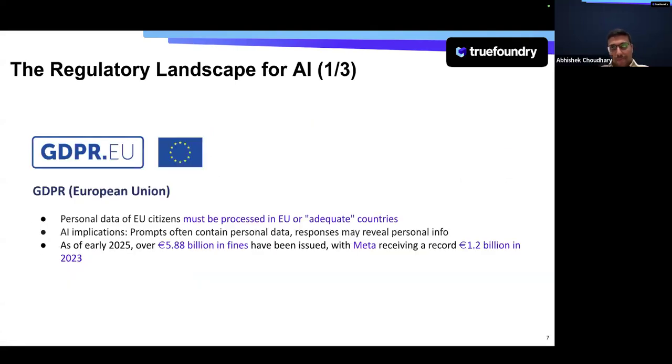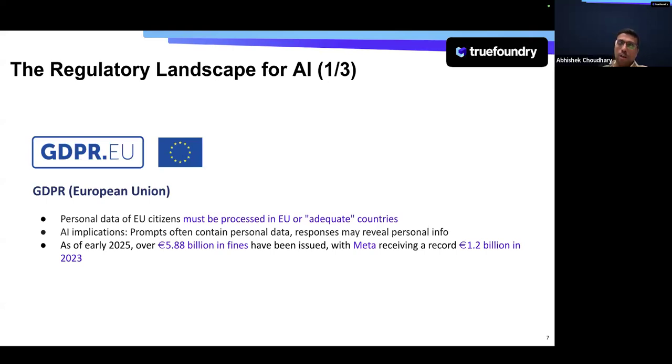I'll highlight a bit of the regulatory landscape that defines these rules for data residency and data in transit. For example, GDPR, all of us have heard of GDPR. GDPR basically says that all the data of EU citizens needs to be processed in the EU, which means that if you have customers in Europe and you are GDPR compliant, you have to process the data in Europe itself.